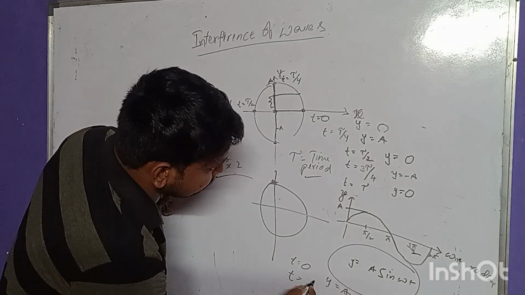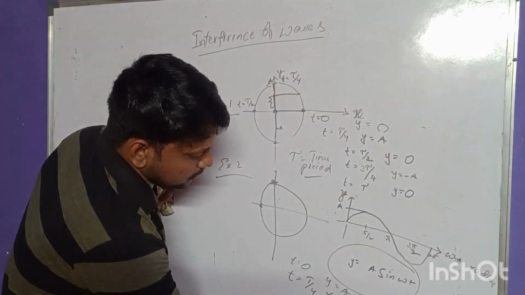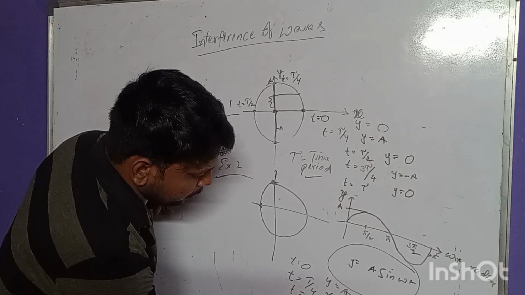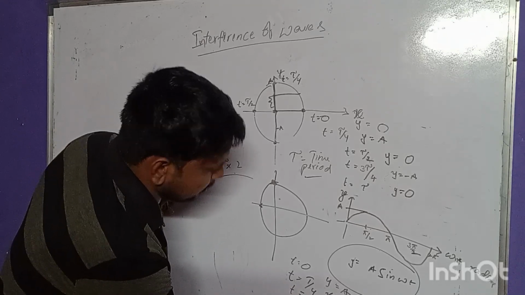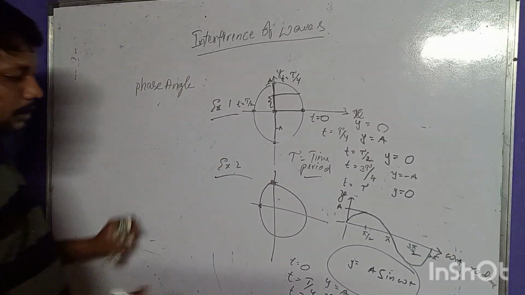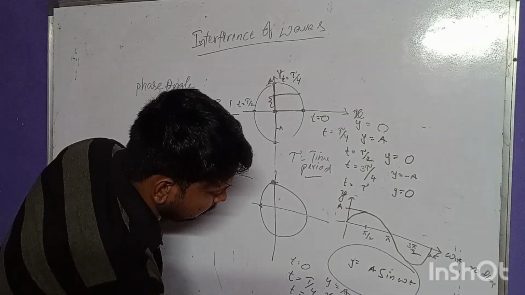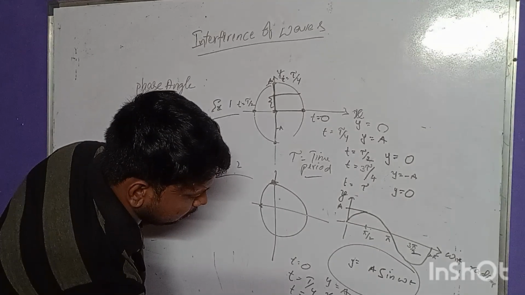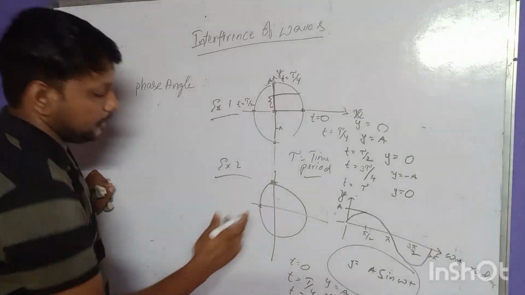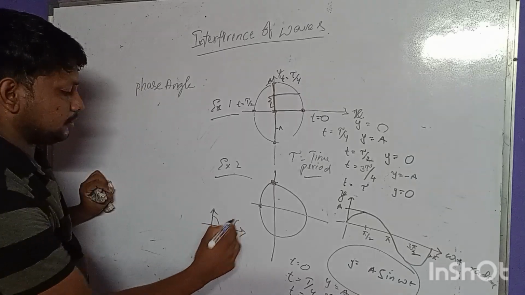At t is equal to τ/4, y is equal to 0. At t is equal to 3τ/2... sorry, at t is equal to τ/2, again y is equal to minus a, right? And at t is equal to 3τ/4, y is equal to 0. At t is equal to τ, y is equal to a. If we draw the graph of this particle, we get it like this.